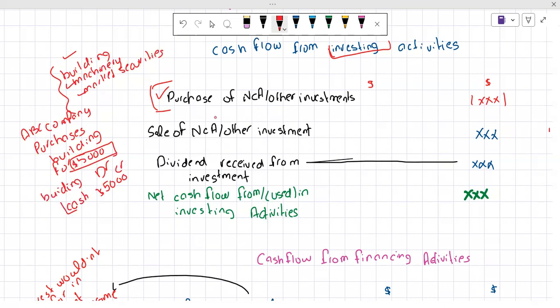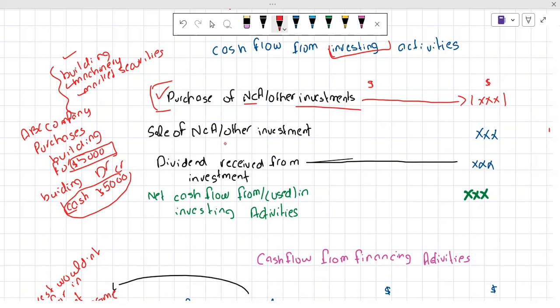So if we are purchasing any kind of non-current asset or other investments, like market securities, bonds, or machinery, cash is going out from the business. That is why all the purchases of non-current assets and other investments decrease your cash, so we have to subtract it.